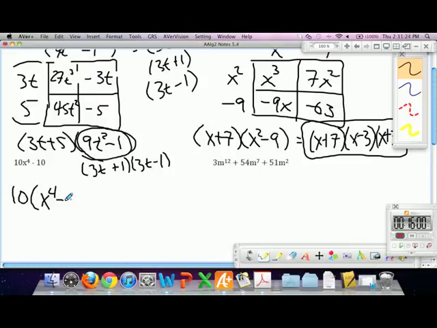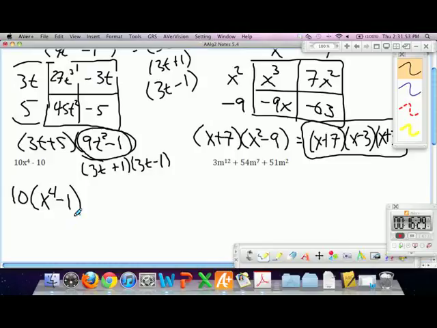We don't have a 4-through pattern. What's the square root of x to the fourth? What times itself is x to the fourth? X squared. What times itself is 1? 1. So this is actually a difference of two squares.